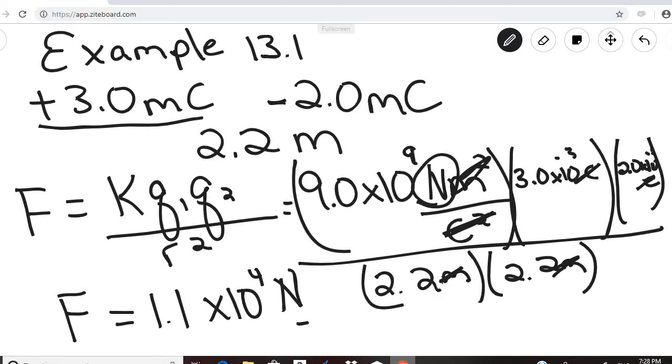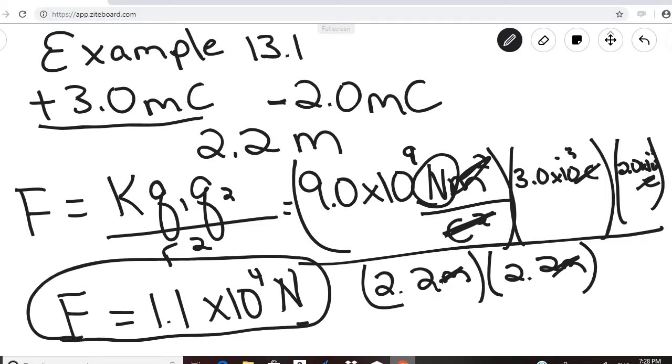So each of the charges will be attracted to each other, so they will move toward each other.